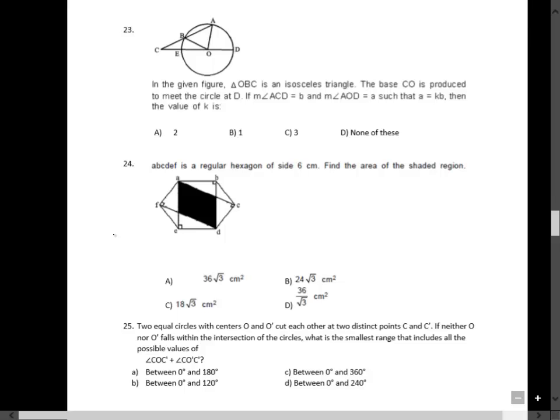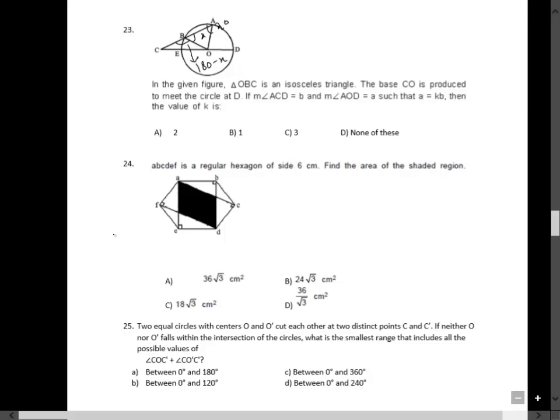Since isosceles triangle OBC, look at this one. If this is X, this is also X because OA. Now, this is 180 minus X. Now, BC and OB are the same.